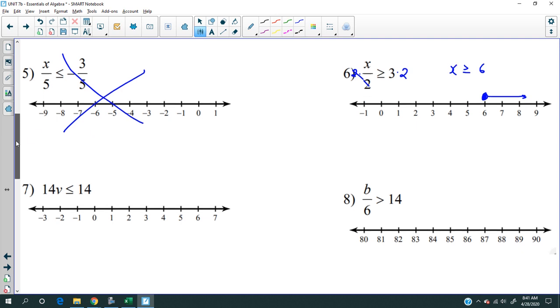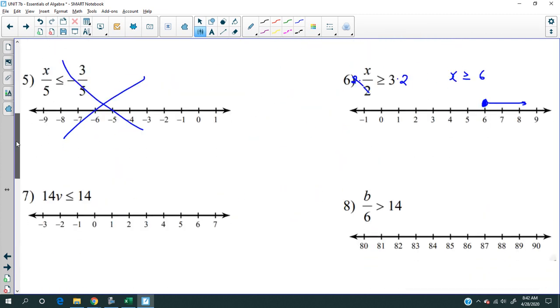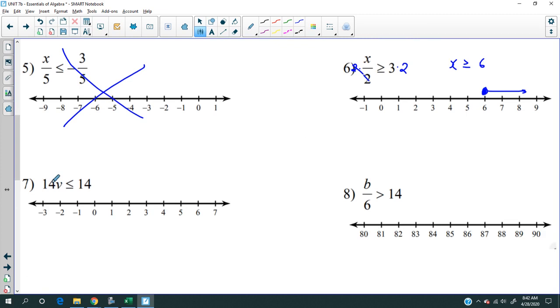So look at 7, and then look at 6, 4, and 2. How is 7 different? Yeah, the operation here is multiply. So you've got to do the opposite, which is what? That's right, divide. So cross out, cancels out. V is less than or equal to 1.